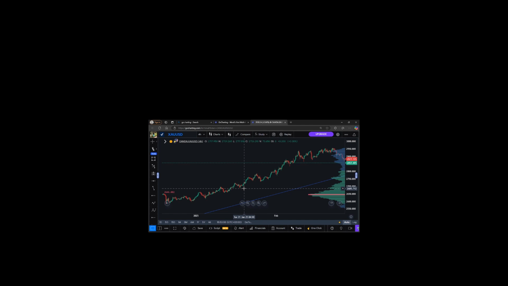So I can come and draw my trend line here. Like I have said, the trend line must touch the first 2 points, then you draw your trend line like this. I'm done with my trend line. This is the trend line.